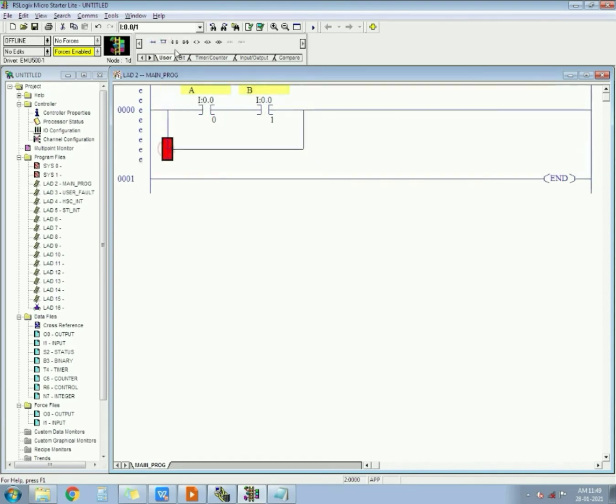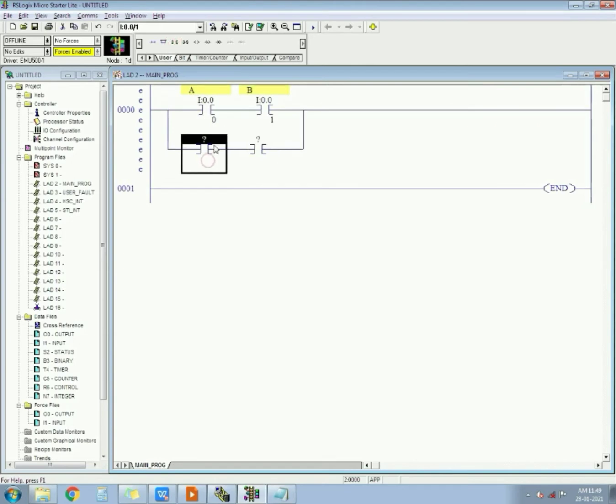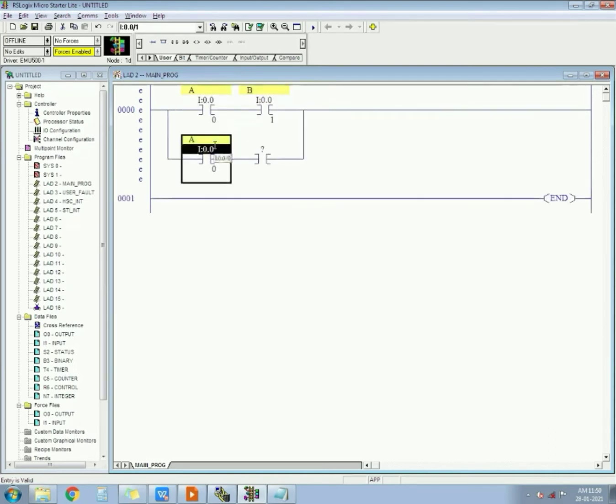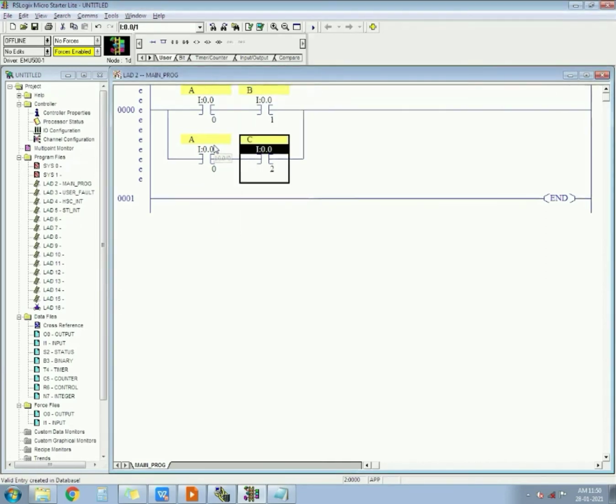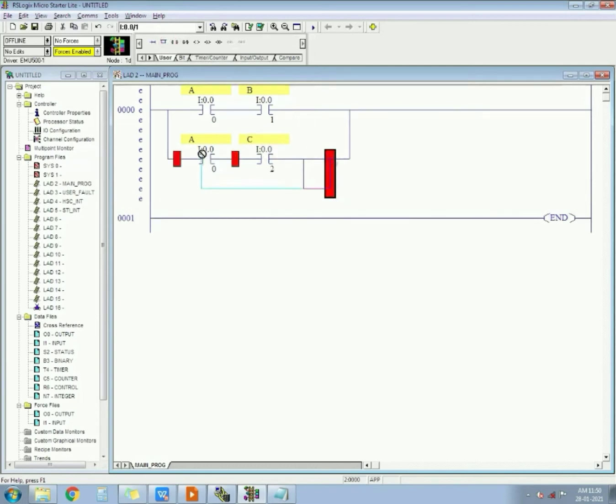I will make 2 inputs more. It is A again, I1:0.0/0. This is A, and C, I1:0.0/2. Let's make it C. A and B or A and C, and next is A and D. I will take a parallel again.